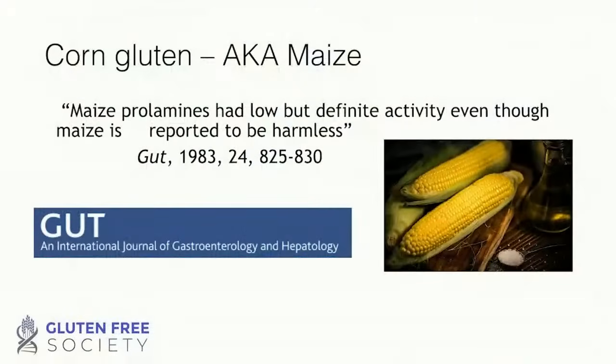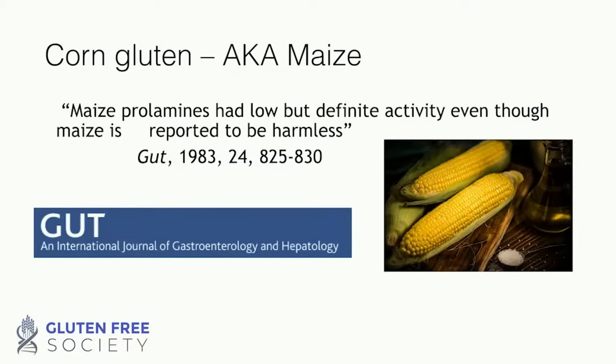Okay, so what we're looking at here are some studies on corn gluten. Now, corn gluten's nickname is also sometimes referred to as Zein, Z-E-I-N. Some people refer to corn as maize, M-A-I-Z-E. But what you can see here in this study published in the International Journal of Gastroenterology and Hepatology, maize prolamines, in essence corn gluten, had low but definite activity even though maize is reported to be harmless.